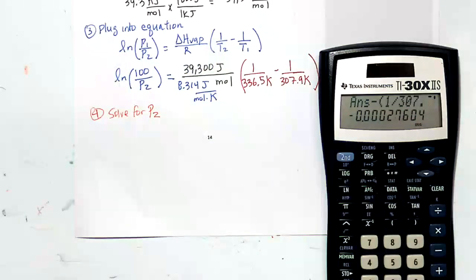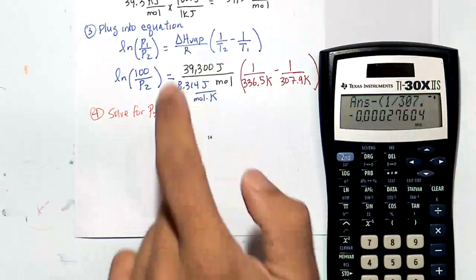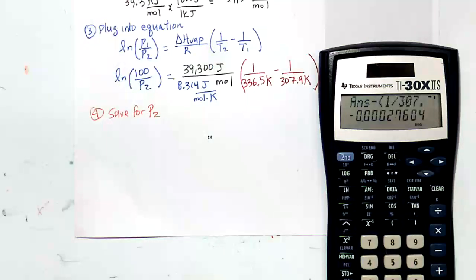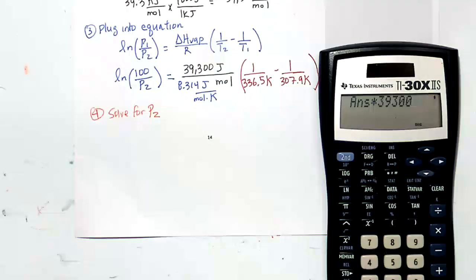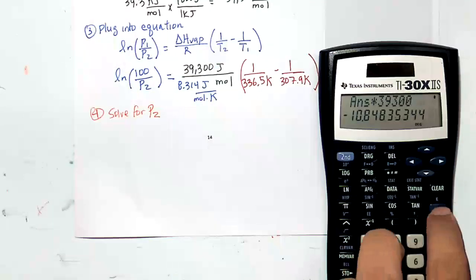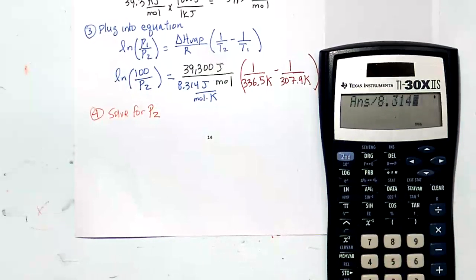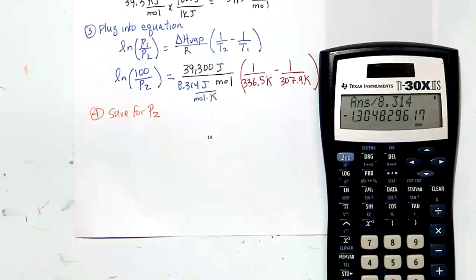Is everyone with me so far? Times 39,300 equals that thing. Is everyone okay? Divided by 8.314. I'm getting minus 1.3048.